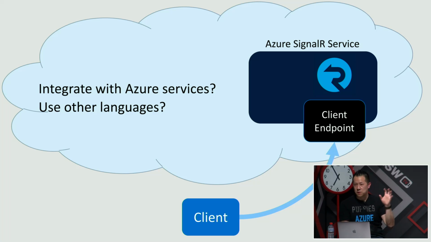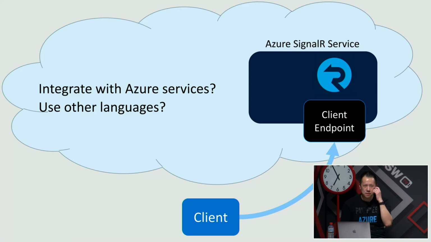So you can get away with a fairly small ASP.NET Core application, because all you're really dealing with is basically a single call. It's up to the service to send out the messages to the clients. You don't have to worry about it. It's just one little call back to the service to tell it to send messages out. Thank you.